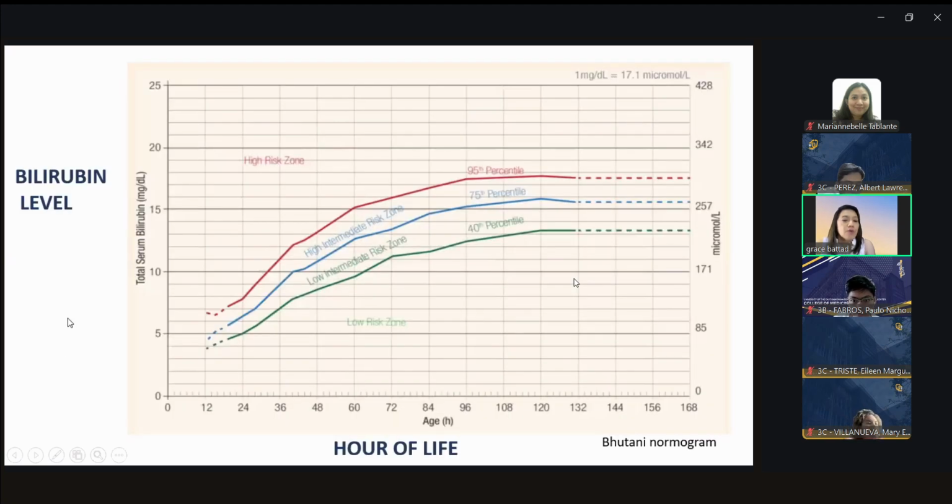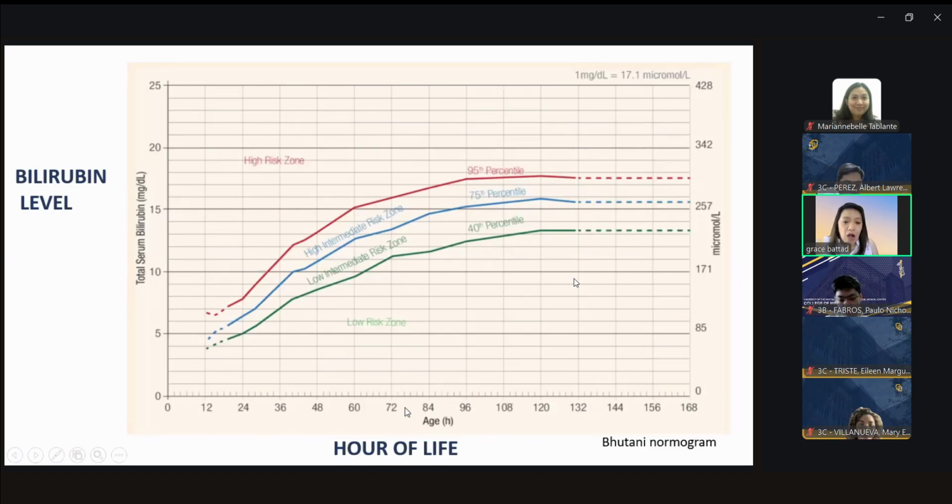The reason why we have to monitor bilirubin levels in the newborn is because we don't want the indirect bilirubin 1 to cross the blood-brain barrier and cause a CNS problem. That's why in the nursery, they are monitored and plotted against this nomogram to see if the baby belongs to the high-risk group or the low-risk group.